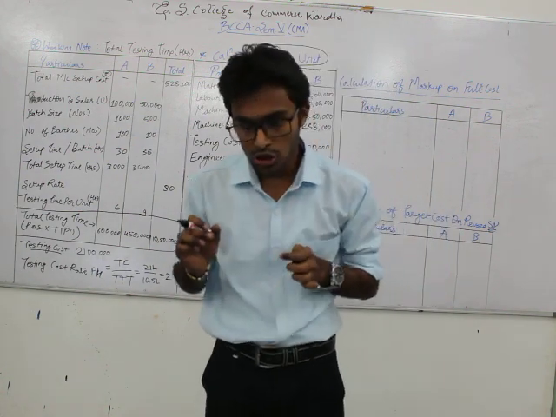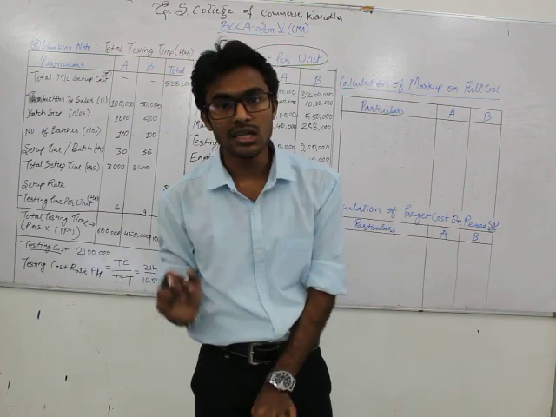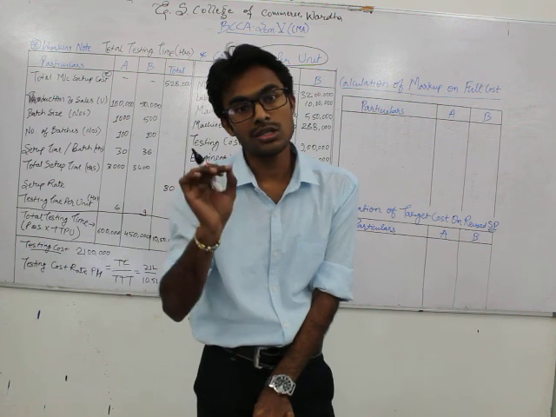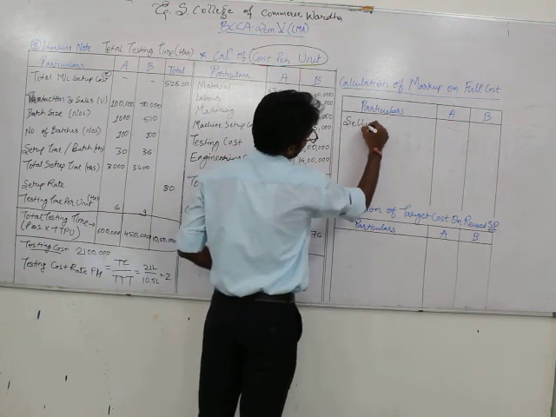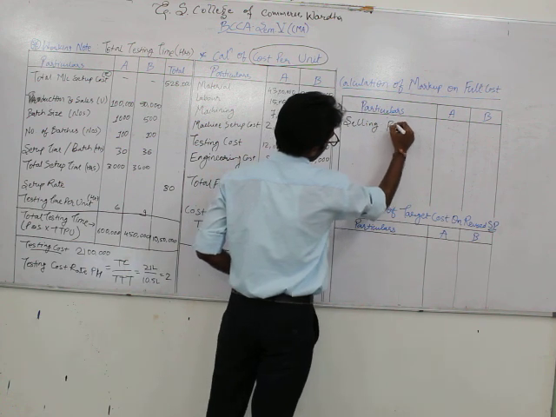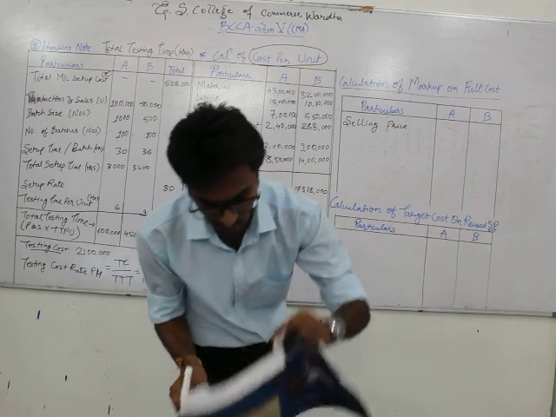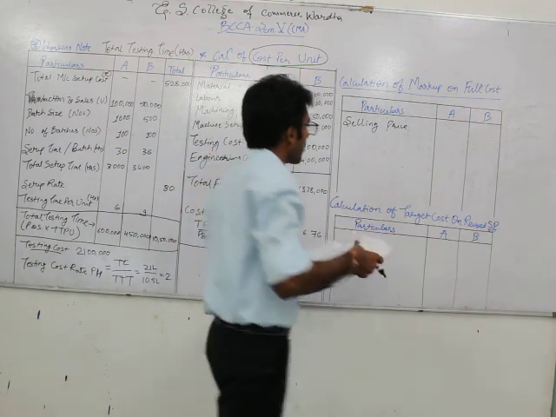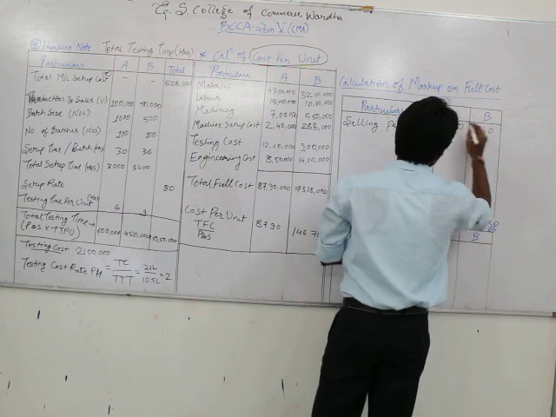Markup means the percentage of profit included in your selling price. So we will write here selling price. Selling price is 100 rupees and 160 rupees.